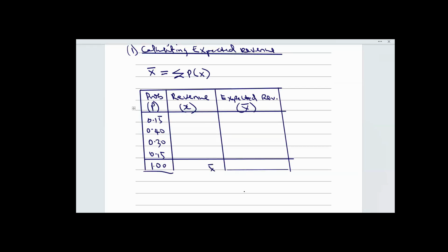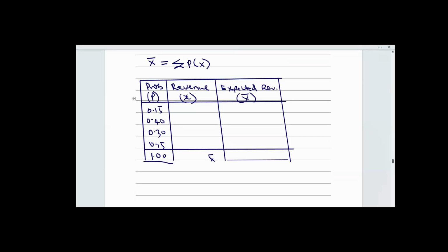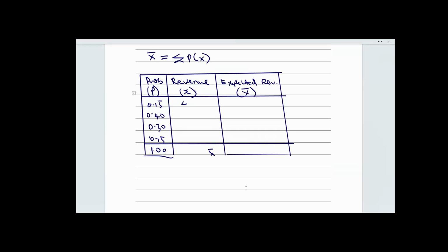So again, what is the revenue? 40,000, 50,000, 55,000, 60,000.